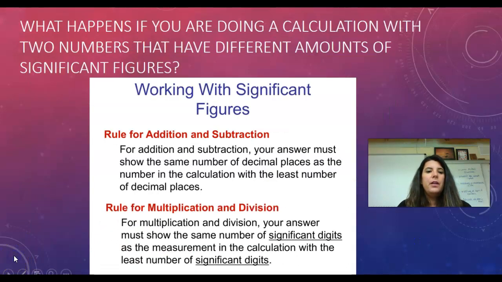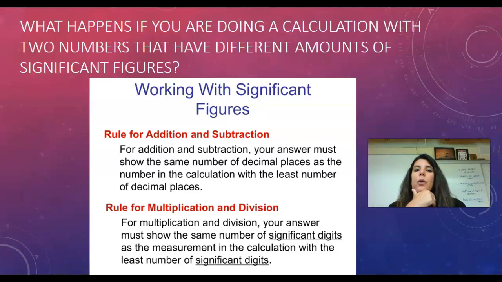Now, the question then becomes, what happens if I'm trying to combine two measurements that have different numbers of significant figures? So let's say I'm multiplying or subtracting or adding or dividing a number that has 3 significant figures with a number that has 5 significant figures.